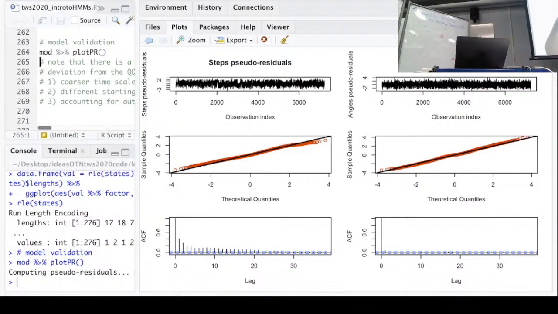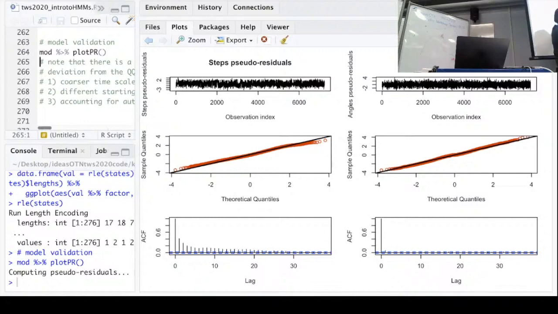Here we're looking at the pseudo-residuals. I think it's the same thing as the one-step-ahead residuals, pretty sure. We're looking at the pseudo-residuals over time, and by time I also mean observation. You want to look for no patterns there. Obviously we have a lot of observations, so it's a little hard. You can also look at the angle one, and then you can look at the QQ plot here.